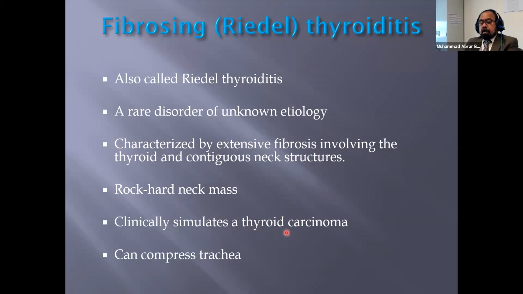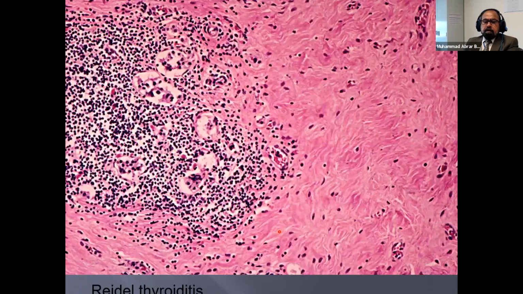Clinically, they simulate carcinoma of the thyroid, and that's the important thing. Because of the excessive fibrosis, they also compress the trachea. So it is important because you have to differentiate this from thyroid carcinoma. This is how it looks: damaged thyroid follicles, an excessive amount of inflammatory cells, and fibrous tissue involvement.